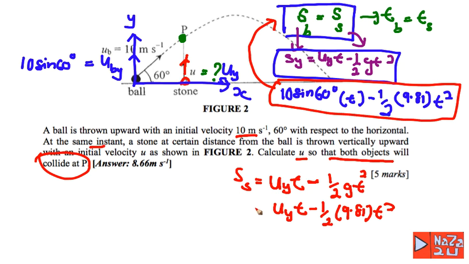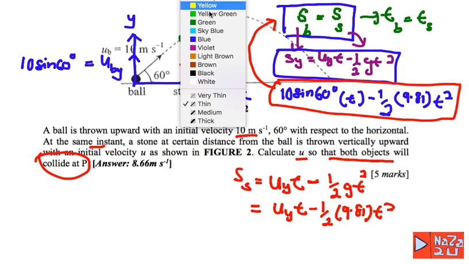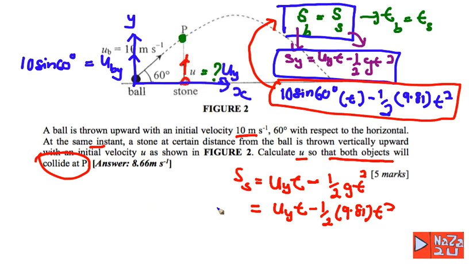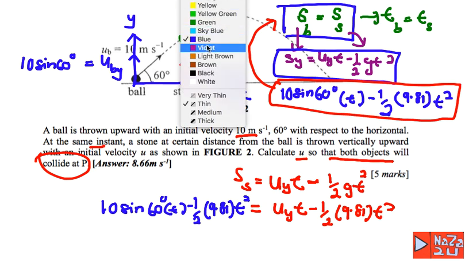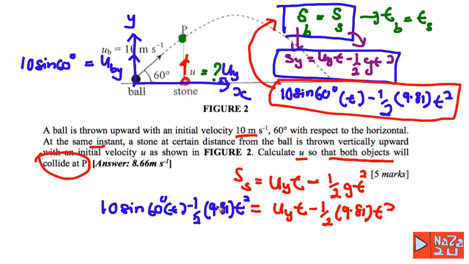Because SS is equal to SB, you can equate the equations: 10 sine 60 times t minus half 9.81 t square. Because we have t and t square on the left and the right, we can cancel t and t square.